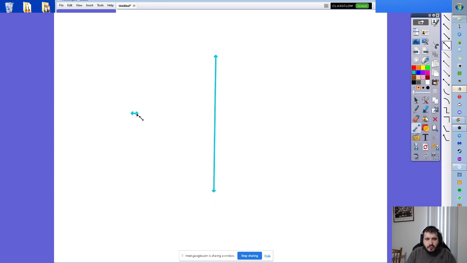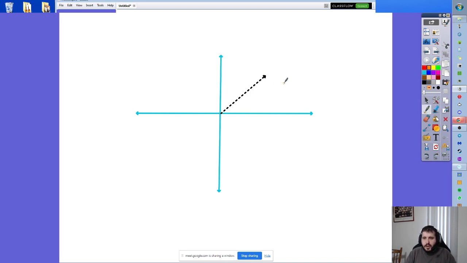I'm going to make this as good as we can. Make this a different color. There we go. Okay, so we're going to use this a whole bunch.